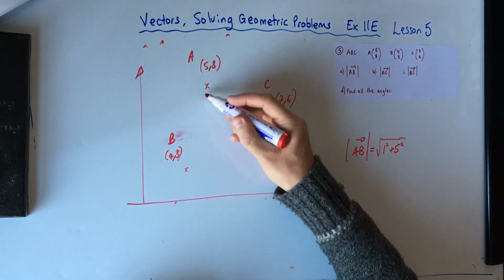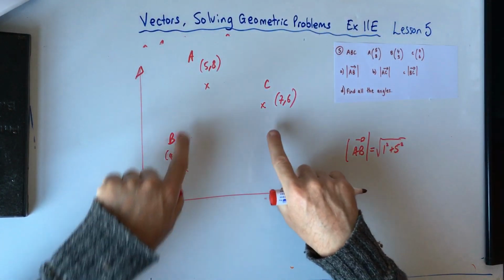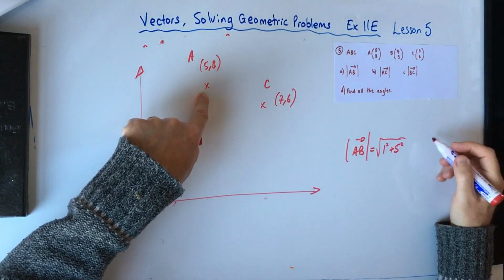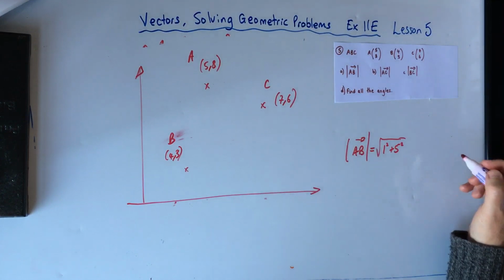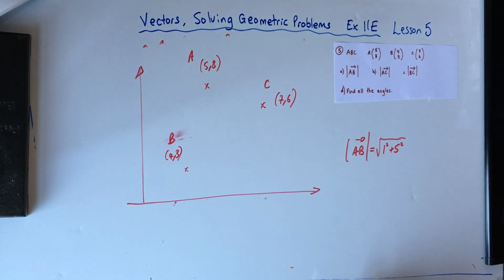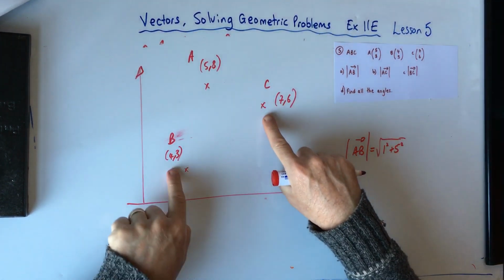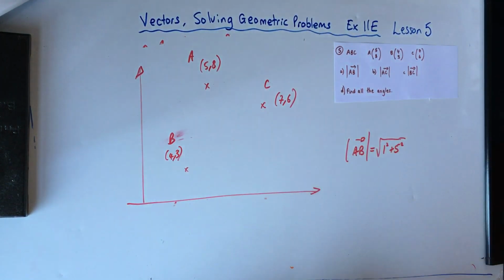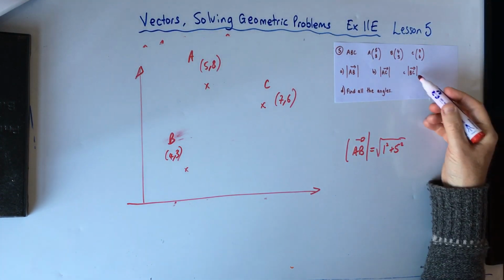Okay, so you can get that distance, and you can do the same with A to C. 5 to 7 is 2, 8 to 6 is 2, so A to C is the square root of 2 squared plus 2 squared, so that's the square root of 8, and B to C, 4 to 7, 3 squared, 3 to 6 is 3 squared, so 9 plus 9 is root 18, that's root 18.